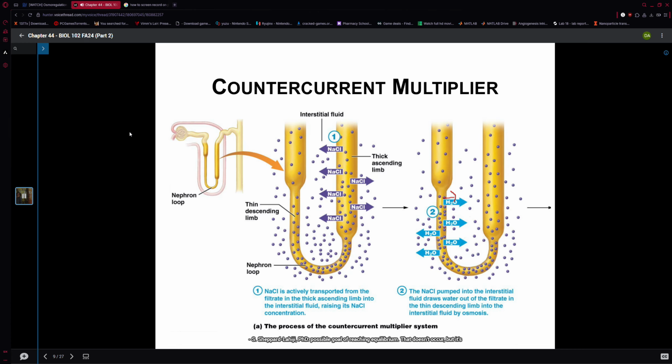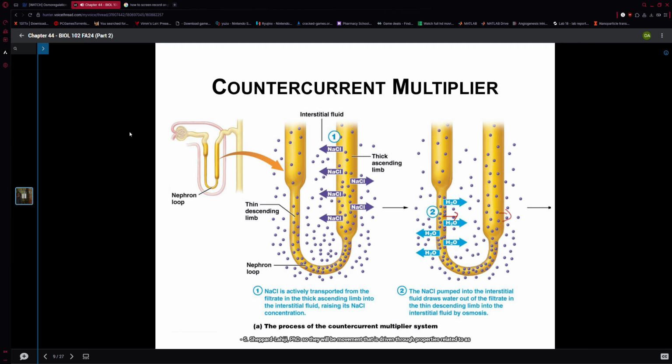That doesn't occur, but it's something that it has a tendency to do because there is a desire to reach equal solute concentrations on either side of that membrane. So we will, in response to sodium chloride ions being pumped out on this side, be able to draw water out through those aquaporins found on the thin descending limb.